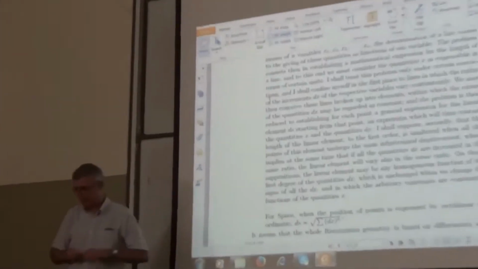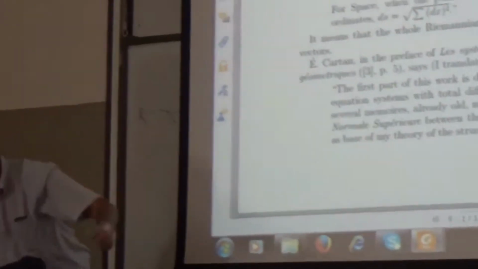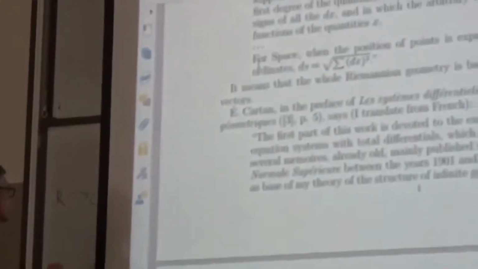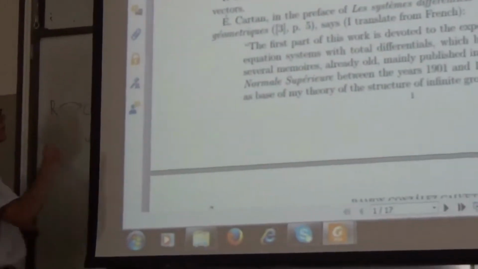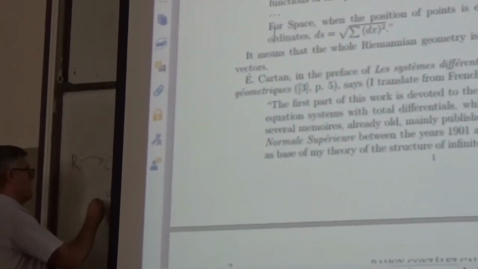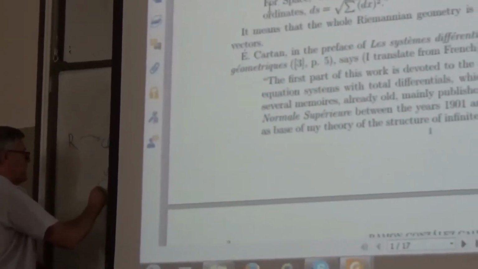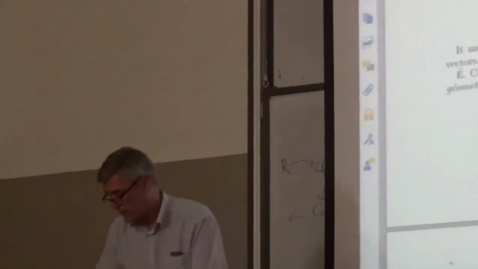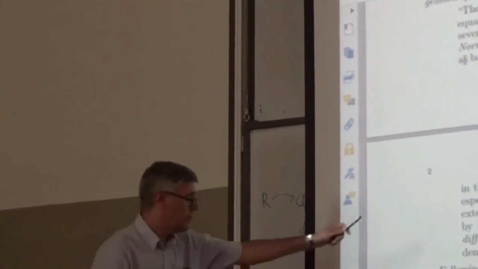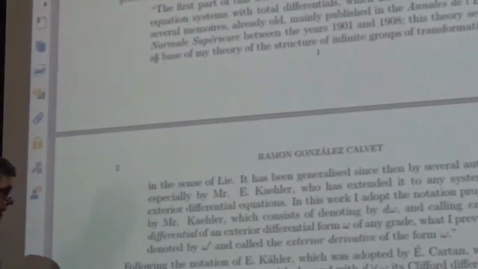Then we have Cartan. Cartan over the work of Riemann. In the introduction of the book, the System of Transylvania. Riemann, Clifford, Cartan. And Cartan is speaking about Keller. It has been generalized by several specialists, Eric Keller, who has studied intuitive systems.